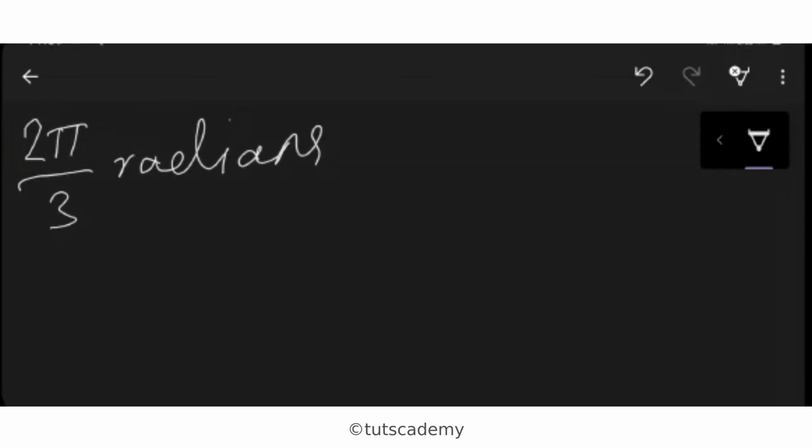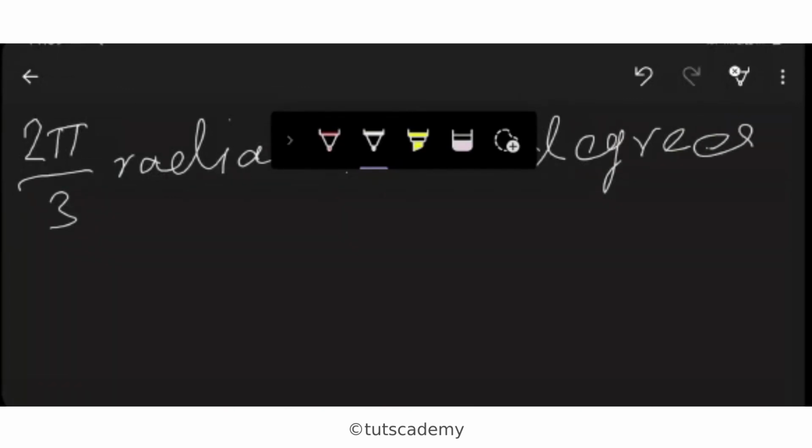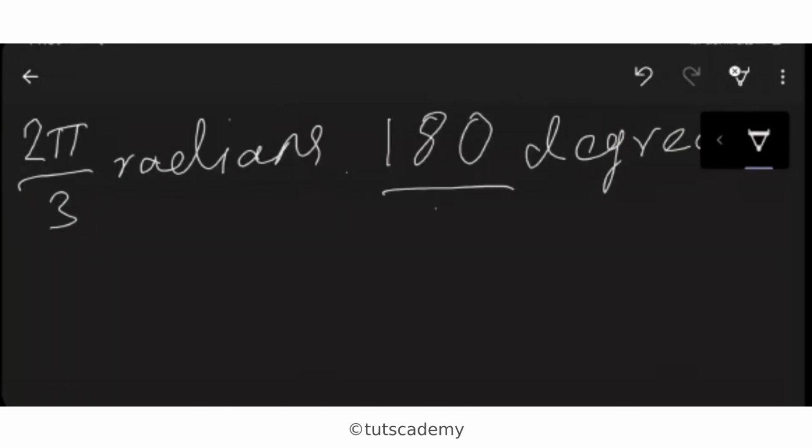So now let's solve 2 pi over 3 radians. Let's multiply it by 180 degrees over pi radians. We can cancel out the radians.